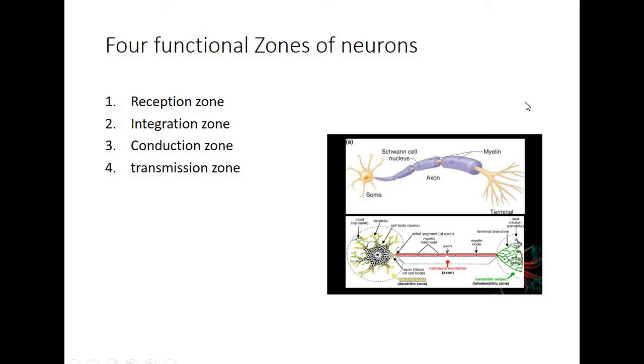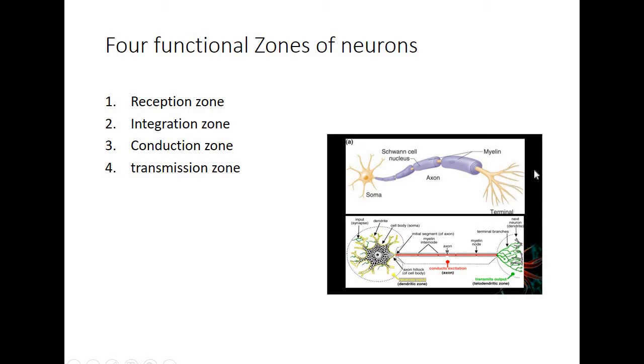The functional zones found in the neuron are, number one, as we talked previously, the dendrites, which receive the electrical signals, the stimuli. They form the reception zone. You can see here, this is the reception zone, and this is the integration, where all the signals integrate, and ultimately the axon forms the conduction, and at the end is the transmission zone.